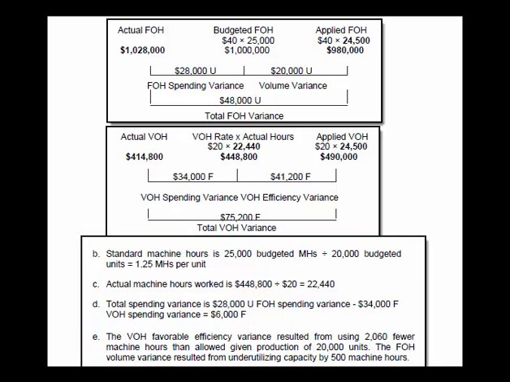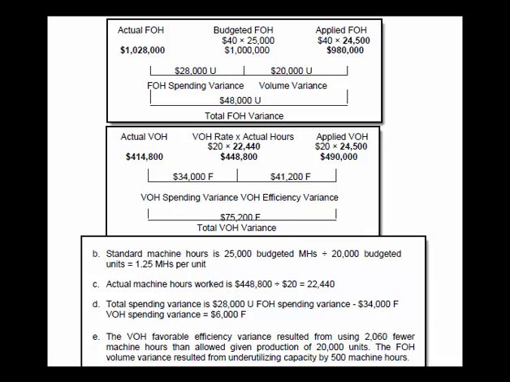E says, what additional information about the manufacturing overhead variances is gained by inserting detailed computation into the variable and fixed manufacturing overhead analysis? And what we learned from this, and it says right here, is that we had favorable efficiency variance resulting from using 2,060 fewer machine hours than allowed, given a production level of 20,000 units.